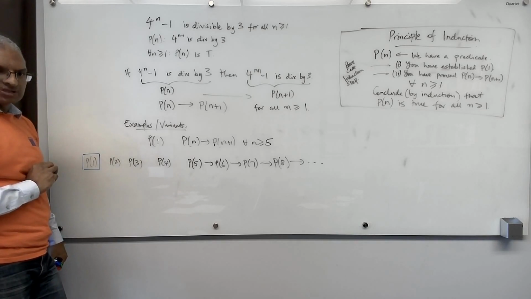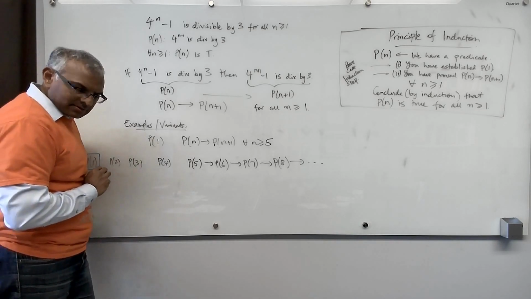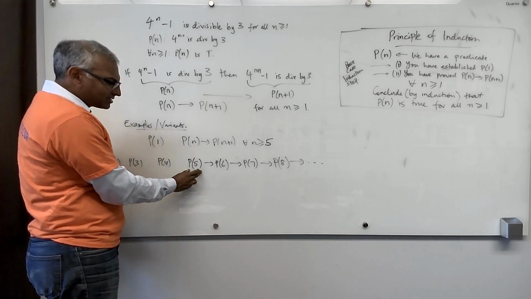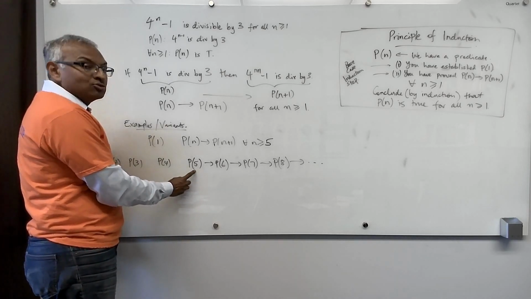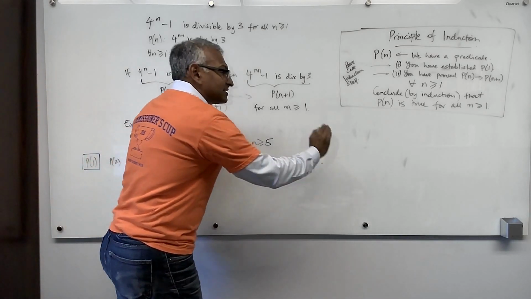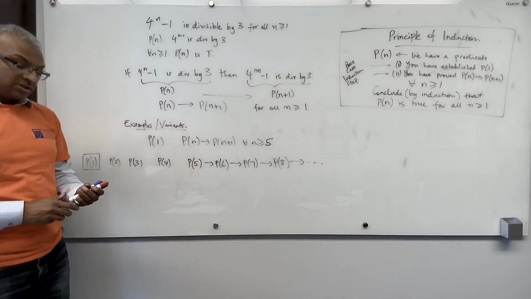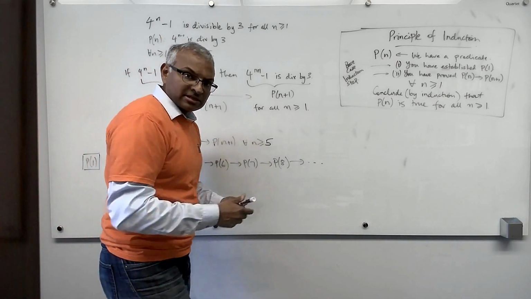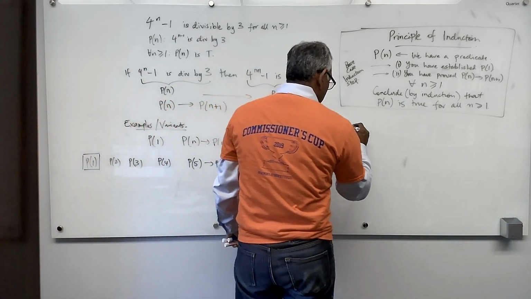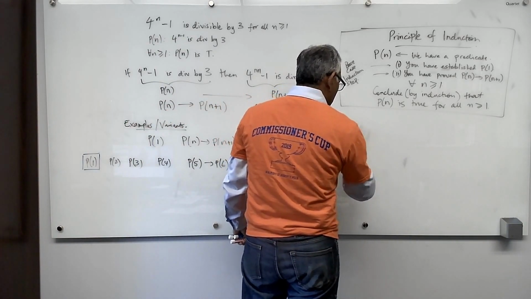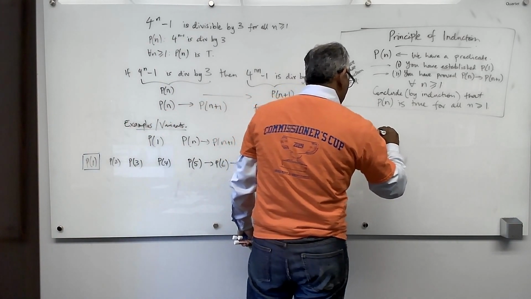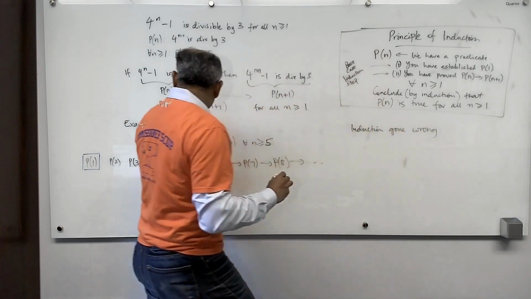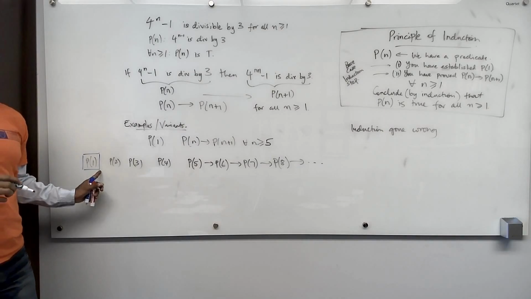In order to set up the chain reaction, you must establish the truth of one of the propositions, P of 5 for example, and you must set up all the links. That's very important. Usually when an induction has gone wrong, and you can see some examples in the text, either you have the wrong base case for setting up the chain reaction.